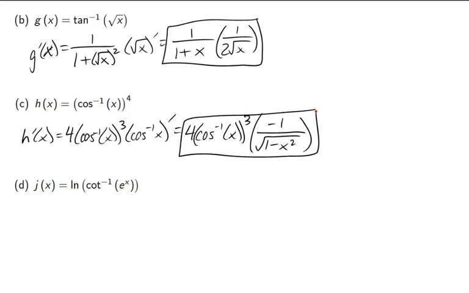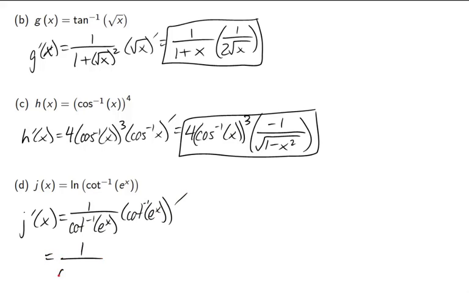Next one. The outside function is the natural log. So we'll start off with the rule for natural log, and this one actually is going to be a little bit complicated because there's 3 parts, but that's okay. The natural log rule is 1 over the inside times the derivative of the inside. Let's continue.